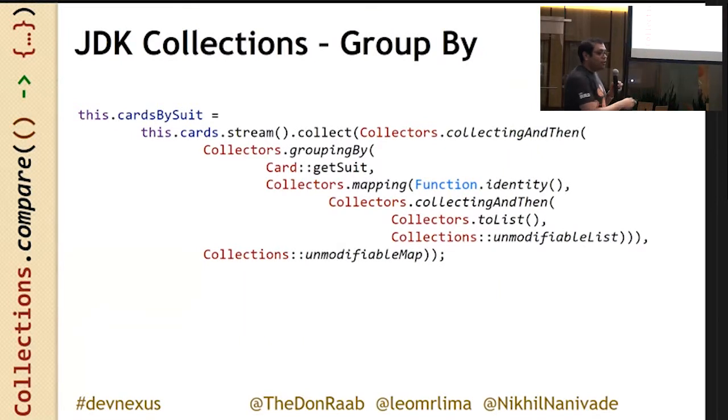And then once you're done grouping everything, you add it to an unmodifiable map, which is another O(1) operation. Making an unmodifiable map is O(1), but actually constructing the map is still O(n). Does that make sense? So basically, you're back to just having one O(n) operation here.